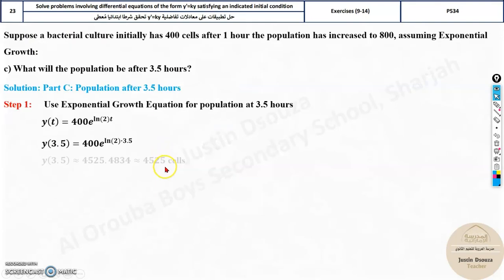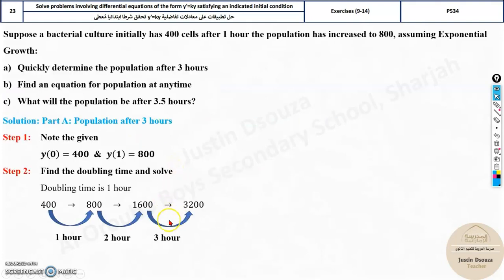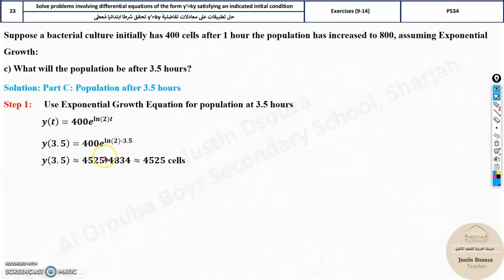Sorry for that. Okay, that's the answer. But remember this 4,525. Let's go back over here. You can see it was 3,200, and then it's between 3,200 and 6,400. Yes, absolutely. So this is the correct answer. That's how we solve it.